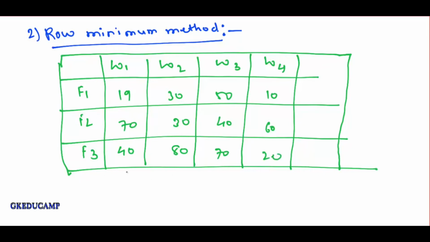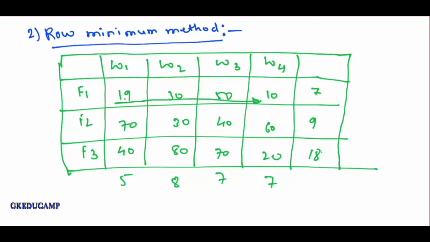Here requirements are 5, 8, 7, 7, and here you have the availabilities of 7, 9, 18.